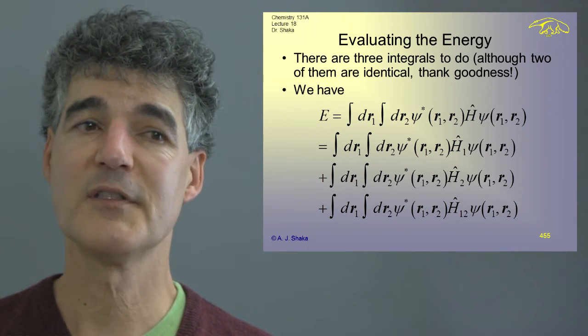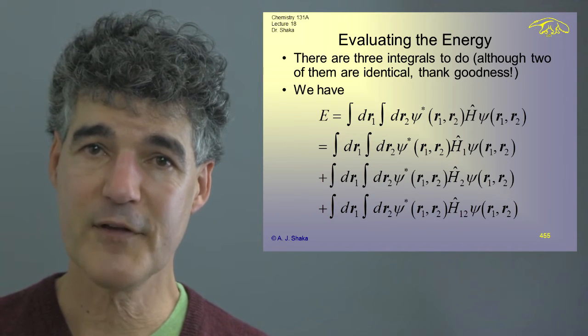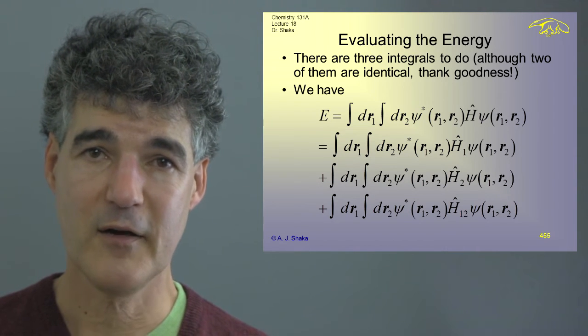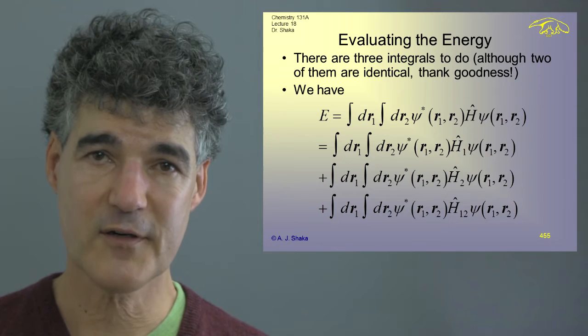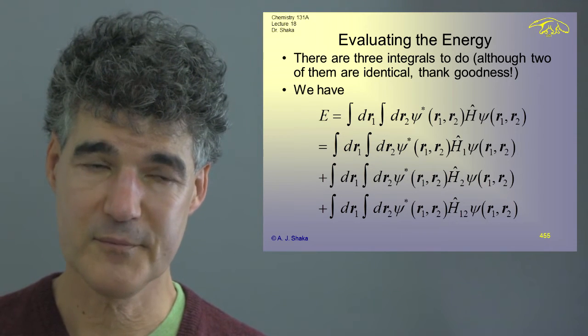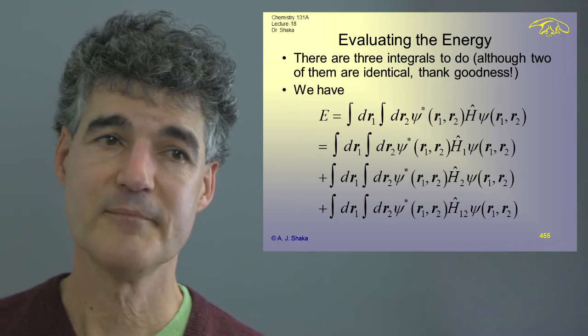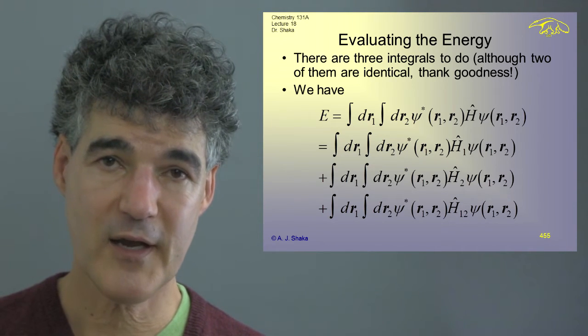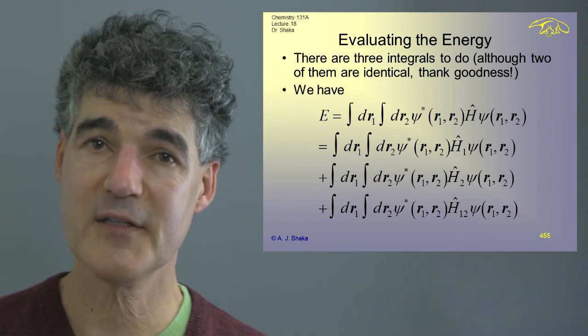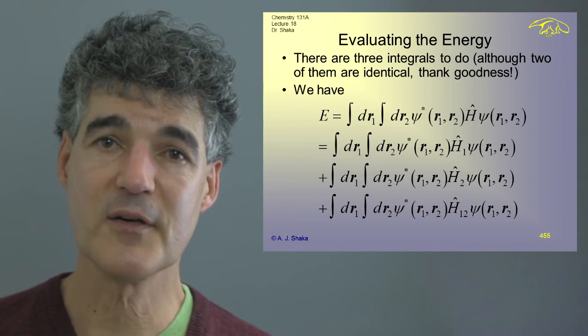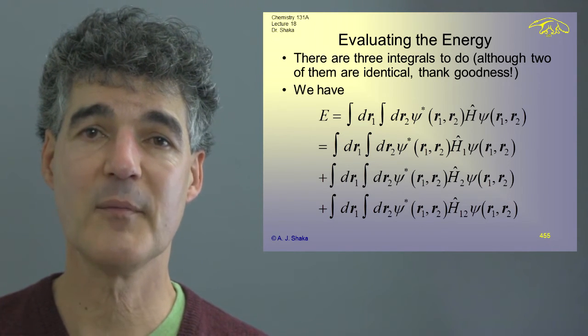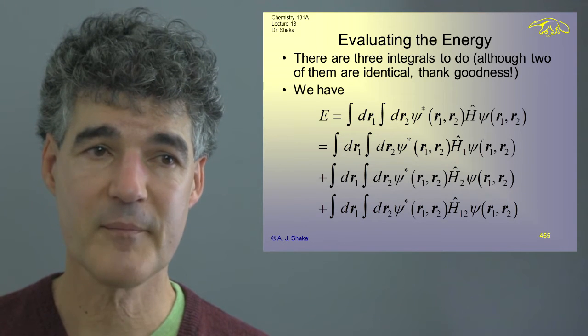The energy is equal to the double integral, again I've used the shorthand here of integral d vector r1, d vector r2, of psi star h psi, but in this case the wave function's real, so it does not matter whether we have the complex conjugate or not.